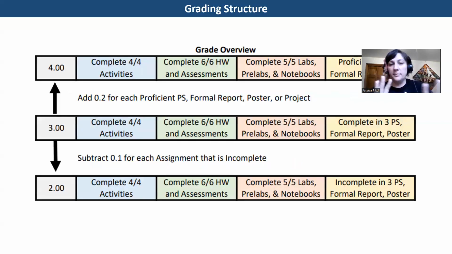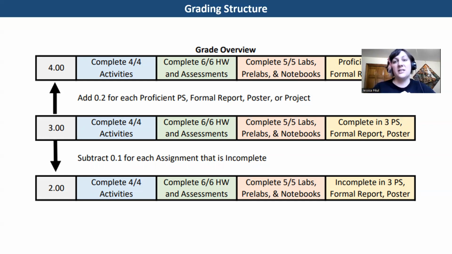You could think about it a little bit more complicated than this. You could have that 3.0 is completing all of your work, and that 4.0 is completing all your work and then having a proficient grade on anything that is a grade building project. And you can think about getting just a passing grade into the next class, like a 2.0, which is what you would need to go on to organic chemistry.